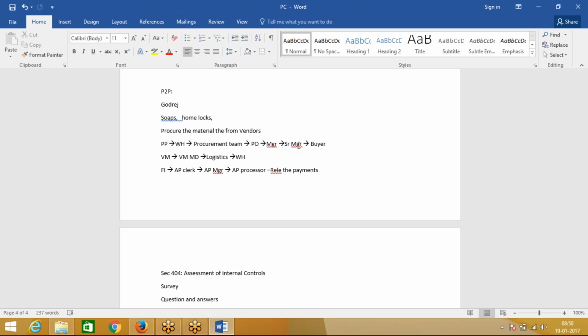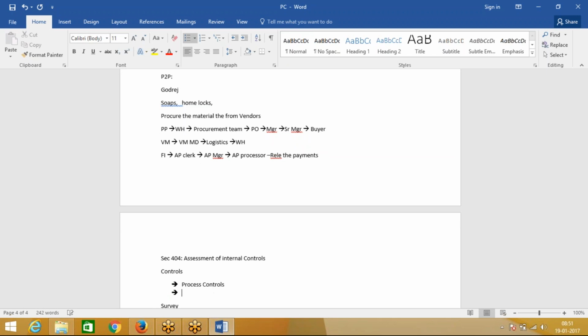How am I going to monitor it in section 404? By preparing various controls. Those controls are nothing but process controls.